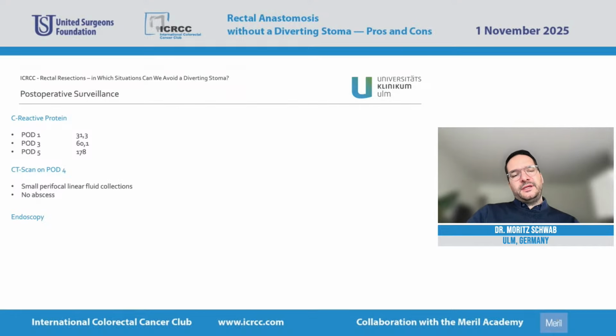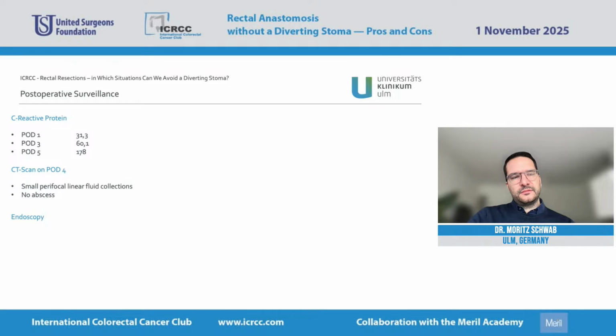Postoperatively, the patient had a normal postoperative outcome until day 5, but on postoperative day 4, he started to have low abdominal pain.